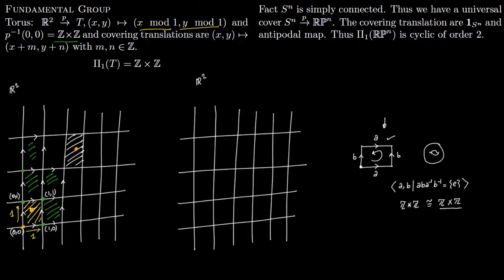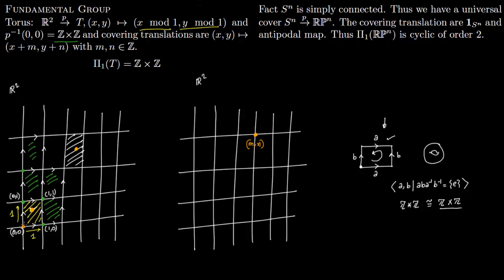Now we want to do a covering translation. At the end of the day you still have to preserve this yellow rectangle, because if you do not preserve it you won't get a torus. So the translation can only move the lattice from one point to another. Say you want to move this point to some point here. So to (0,0) you add the integers (m, n).